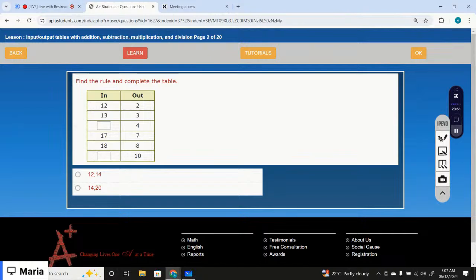The missing values are 14 and 20. Option number 2 is the correct option. Very good.